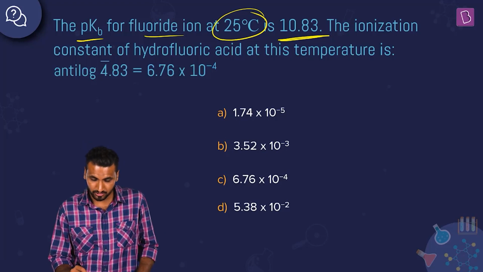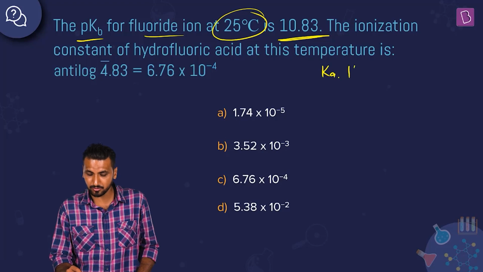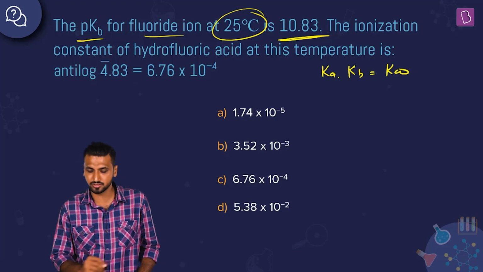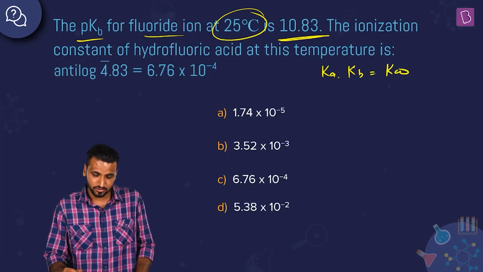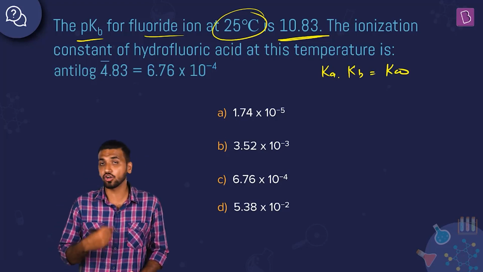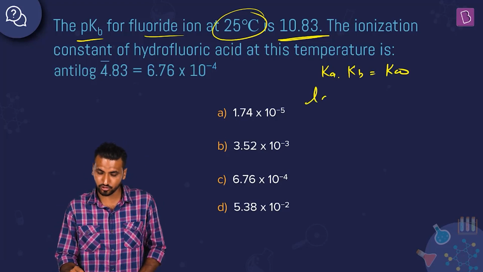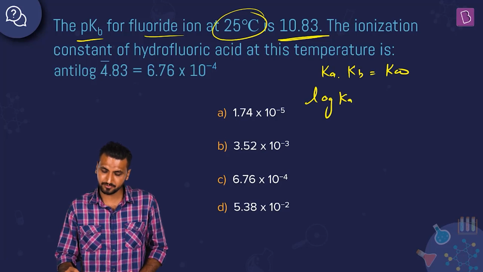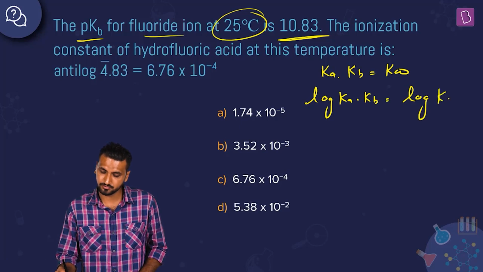Okay. So can I just say Ka into Kb is equal to Kw? We know this is for a monoprotic acid. If I take log on both the sides, I'll write log Ka into Kb is equal to log Kw. Make sense?